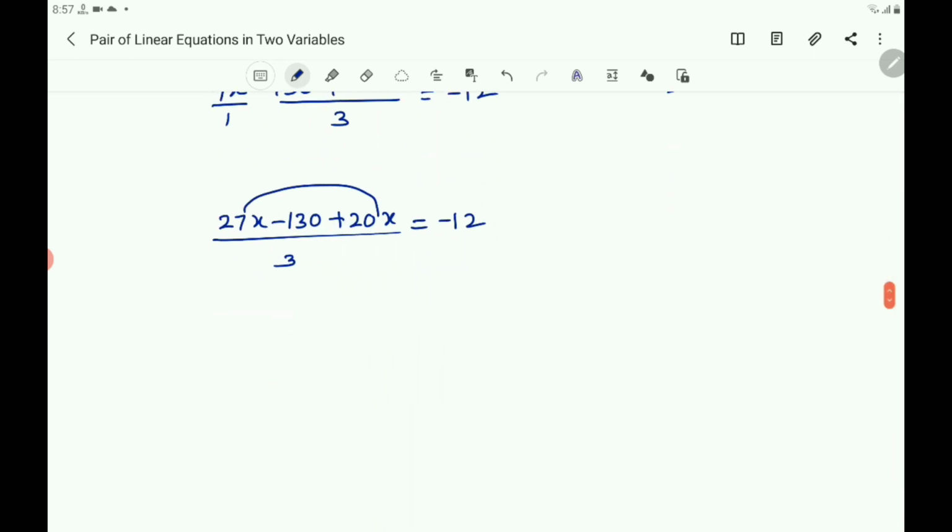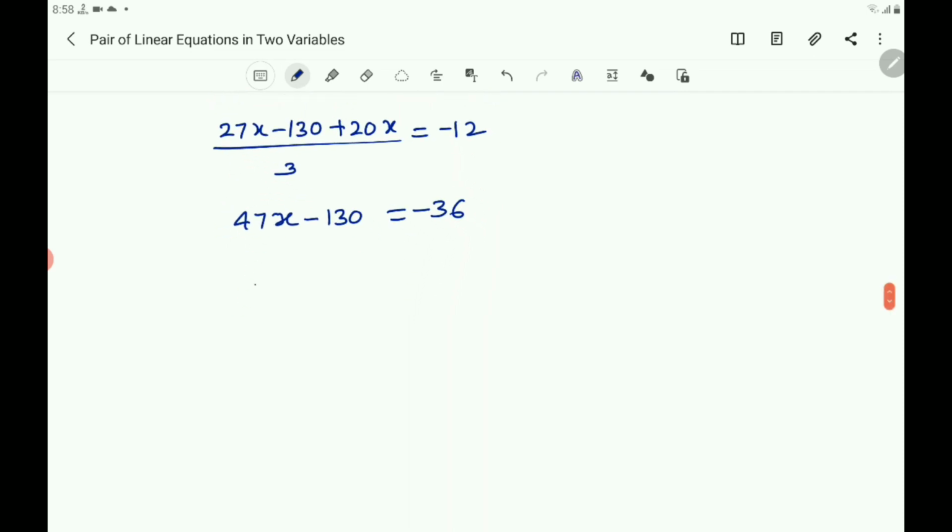Then 27x plus 20x becomes 47x minus 130 equals, the product of 12 and 3 is 36, that is minus 36. Then you take 47x equals, you transfer minus 130 to RHS, that becomes plus 130, so it is 130 minus 36.